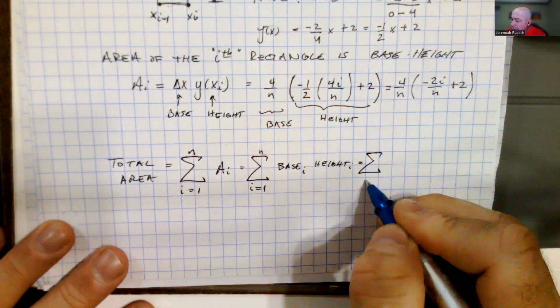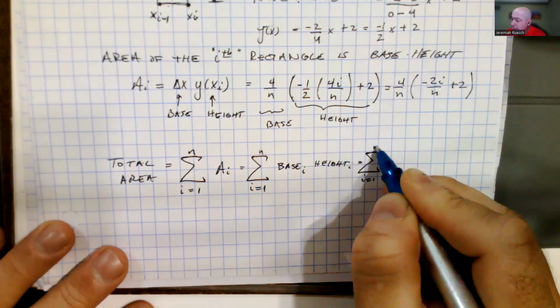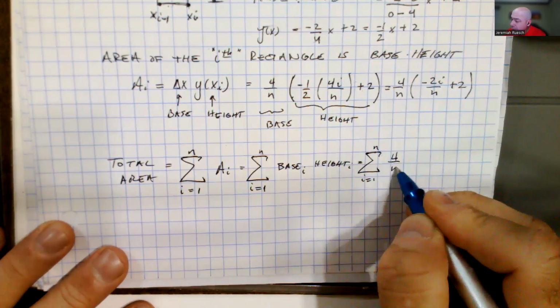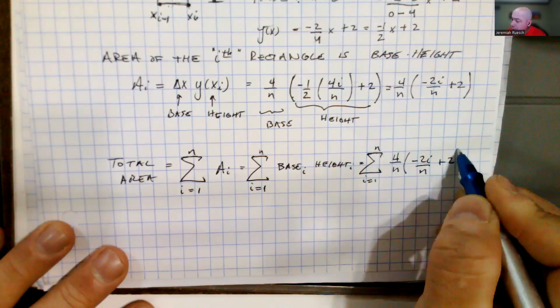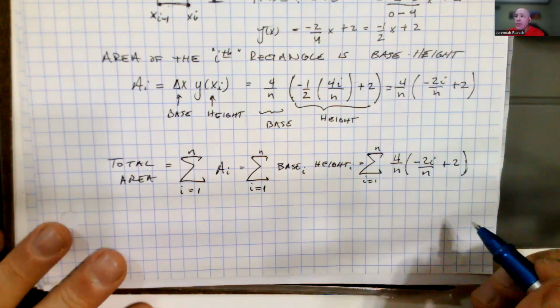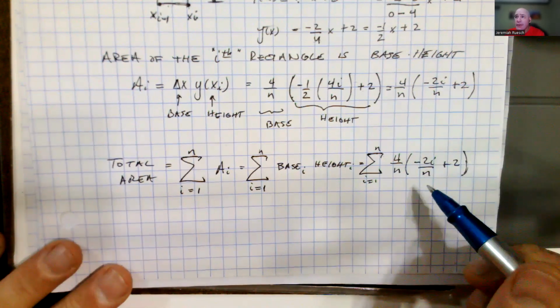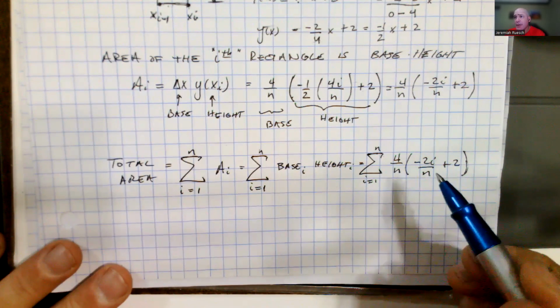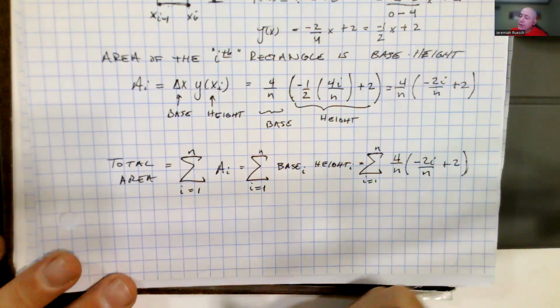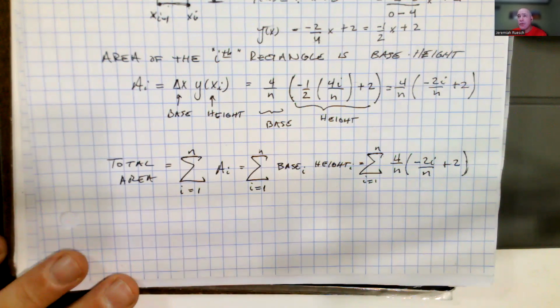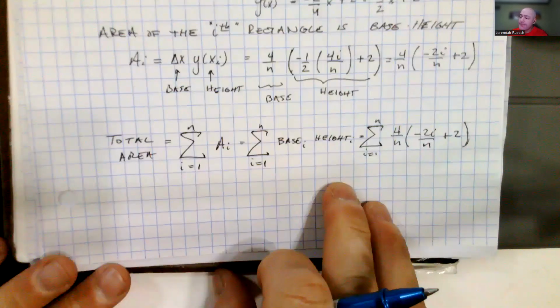And then we're going to use, after we plug in the values here, 4 over n times negative 2i over n plus 2, closed form properties that we've discussed to simplify the sum, and then we'll take the limit as n goes to infinity to create the total area.